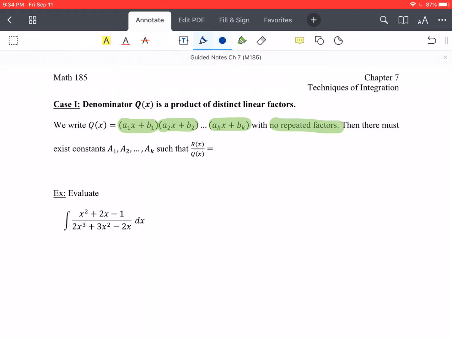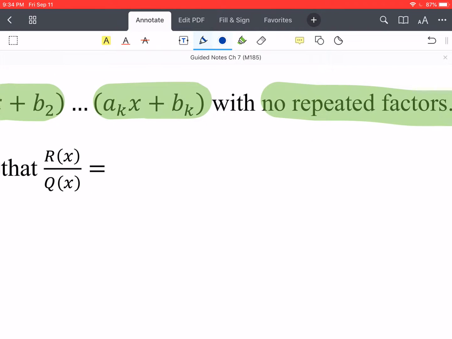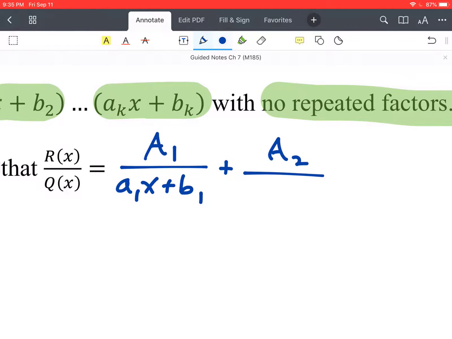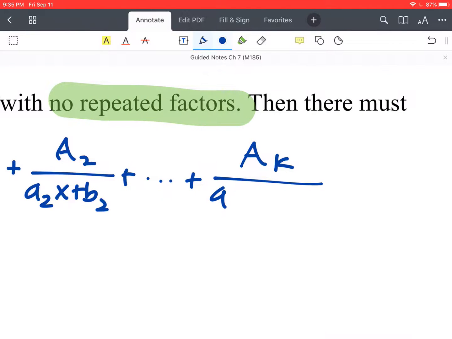Then there must exist constants a1 through ak such that this fraction r of x over q of x is a1 over a1x plus b1 plus a2 over a2x plus b2 plus dot dot dot, etc., all the way up to the kth term.